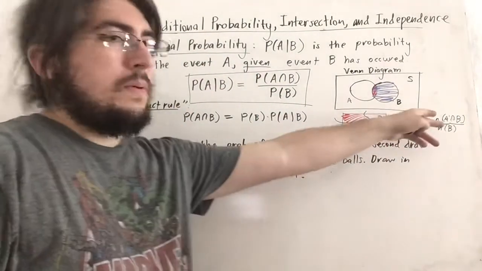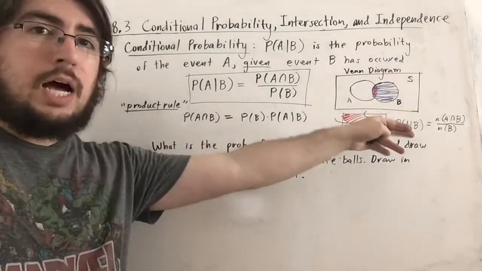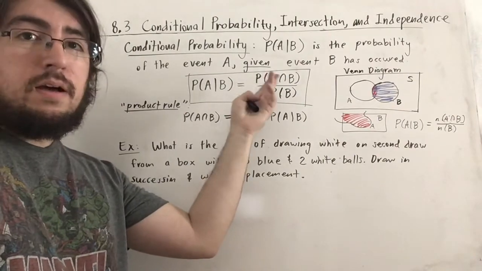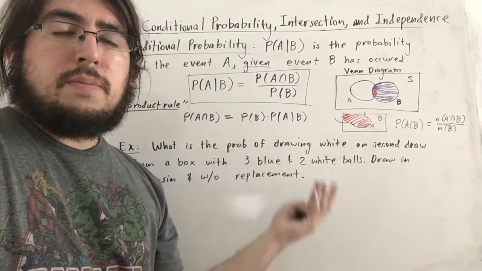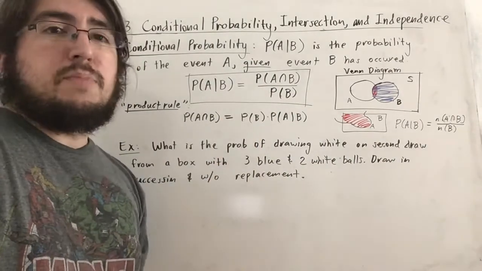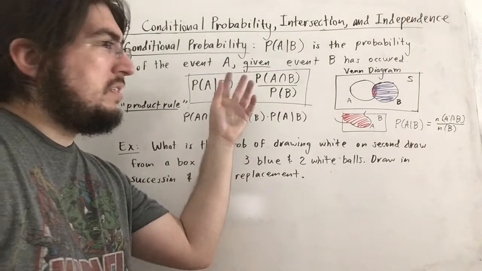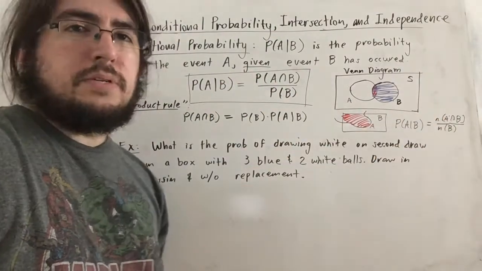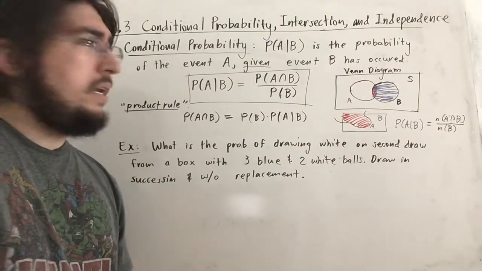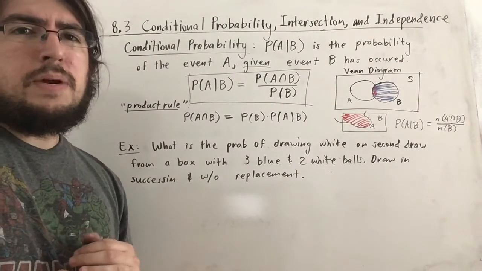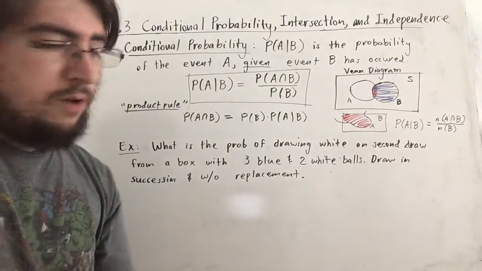Well, if you divide top and bottom by the number of elements in the sample space, on the top, you'll just get the probability of A intersect B, and on the bottom, the number of elements in B divided by the number of elements in S is just the probability of B. So there we go. So this is kind of the same as this when it comes to numbers, and in fact, that's probably a better way of evaluating a conditional probability, but it just kind of goes to show that they're the same. So you know what? Just in red, let me write that over here.